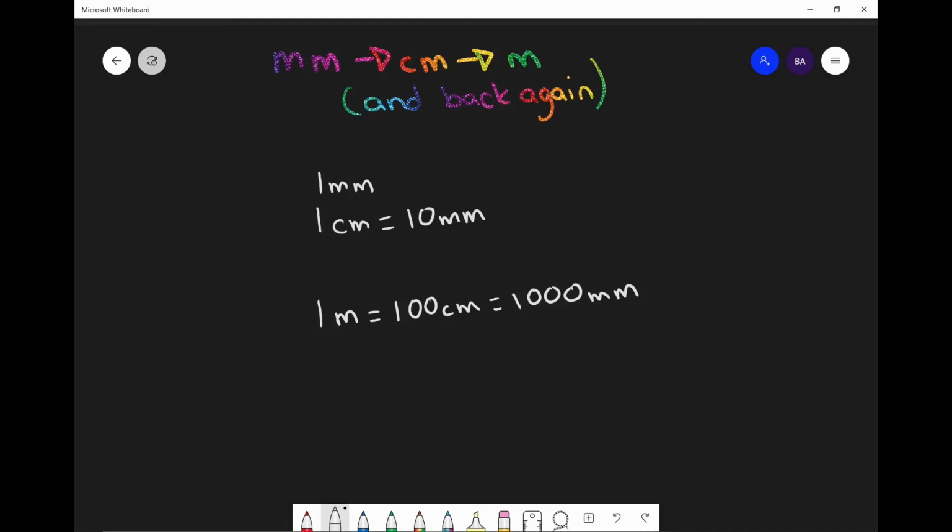So it feels like there's something missing, and there is another unit, and it's what we call a decimeter.